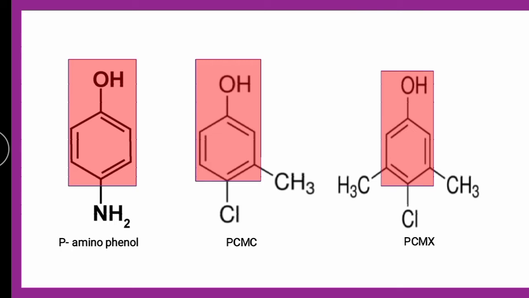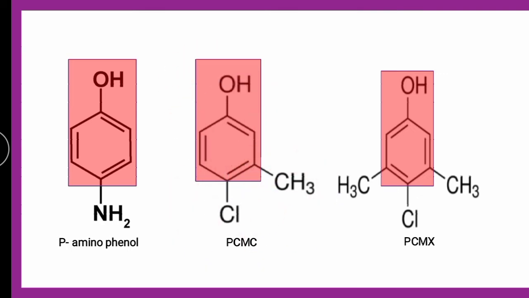Then PCMC is nothing but para-chloro, at para position chloro, and at meta position there is CH3, which you can see. When this CH3 is on the benzene ring, it is toluene, and when the hydroxy comes into the picture, it becomes cresol. So it is chloro at para position and the remaining is cresol.